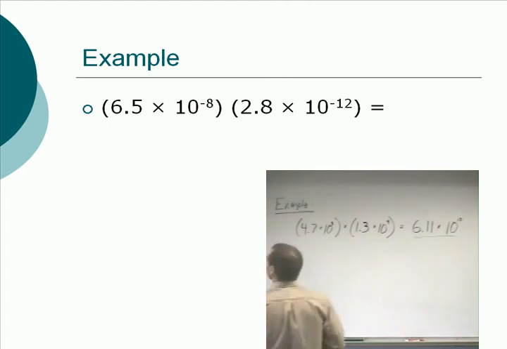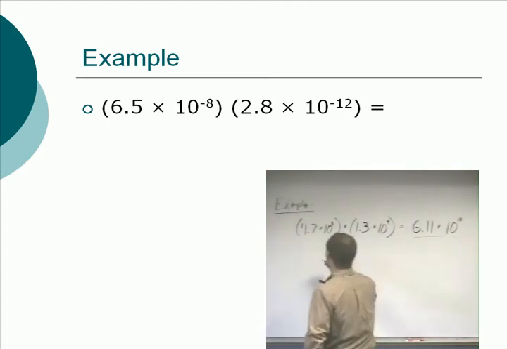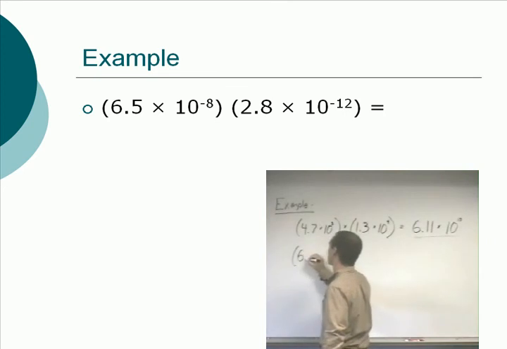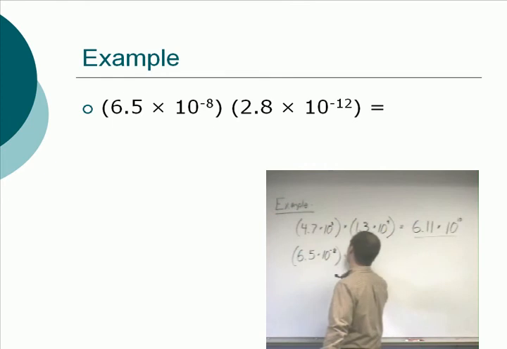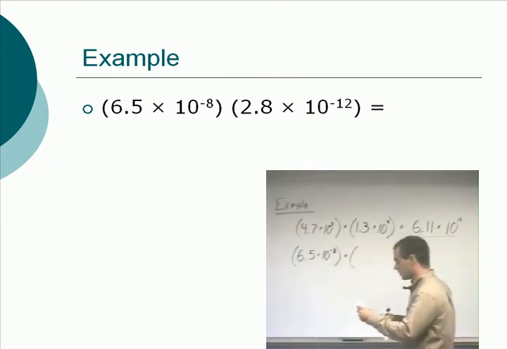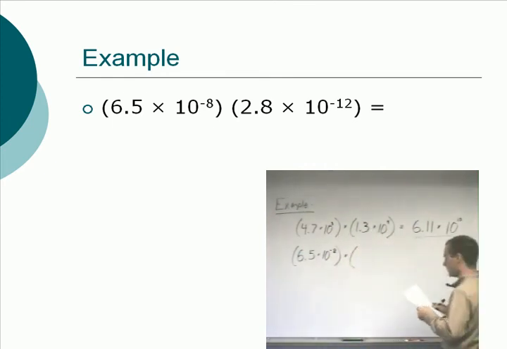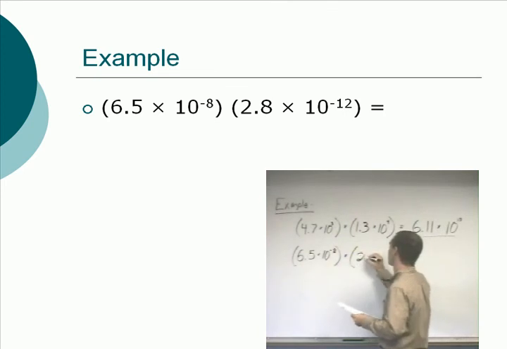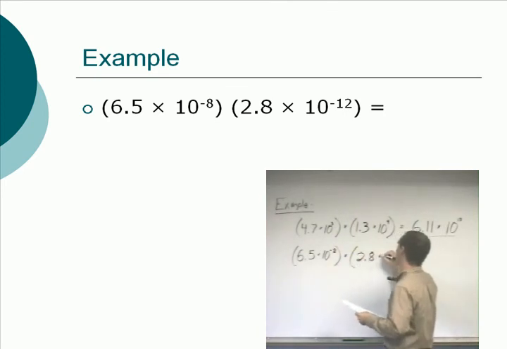Another one with negative exponents: 6.5 times 10 to the negative 8th, times 2.8 times 10 to the negative 12th power.